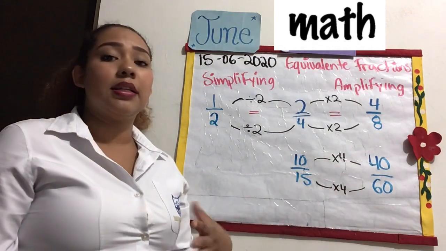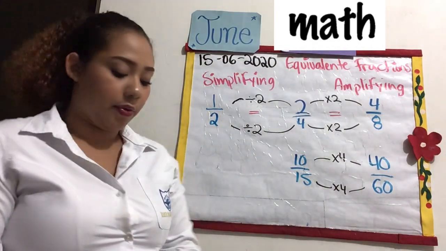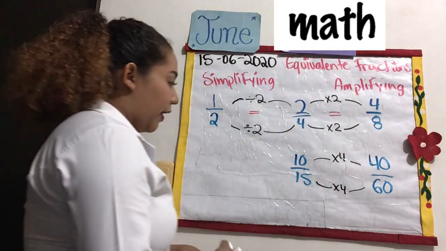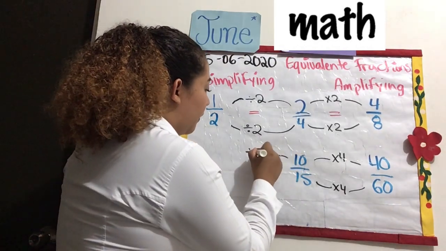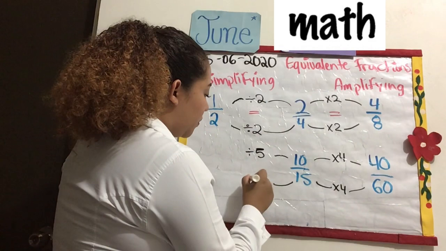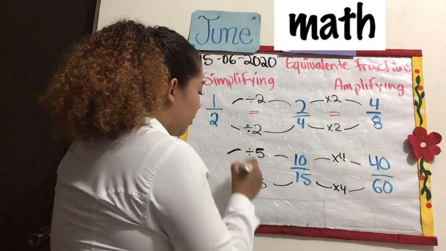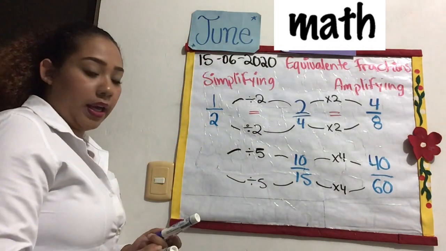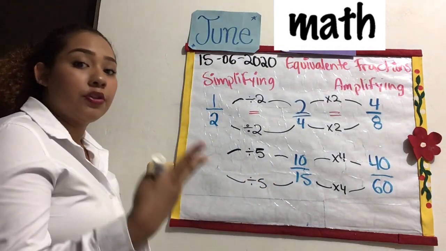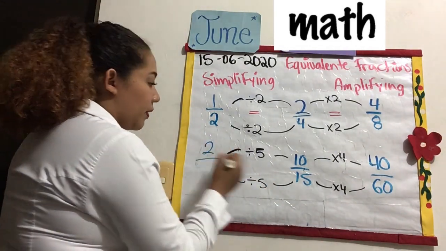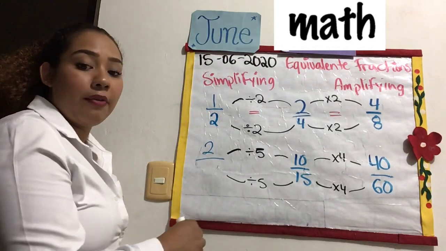In this case, the number will be 5. So let's divide this one by 5 and this one by 5, and your result: 10 divided by 5, 2, and 15 divided by 5, 3.